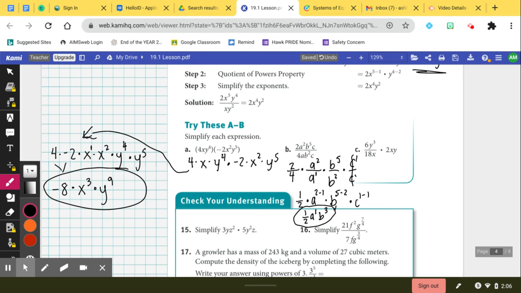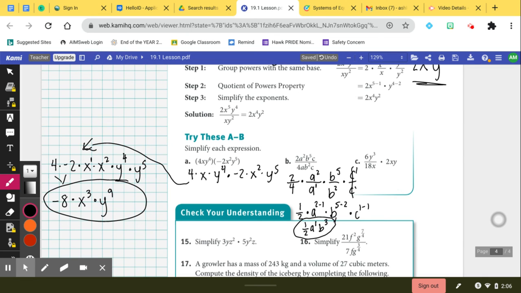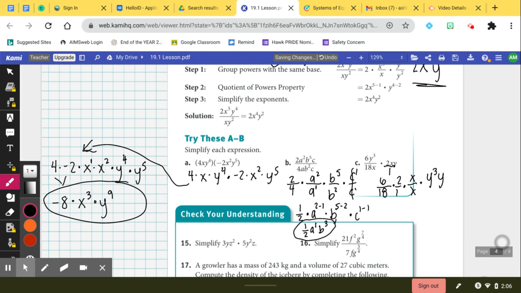And then let's do the same thing with C, grouping my like terms together. So I have 6/18 times 2, we can put that over 1, times x over x times y to the third times y. 2 times 6 is 12, so we get 12/18. x divided by x is x to the 0.